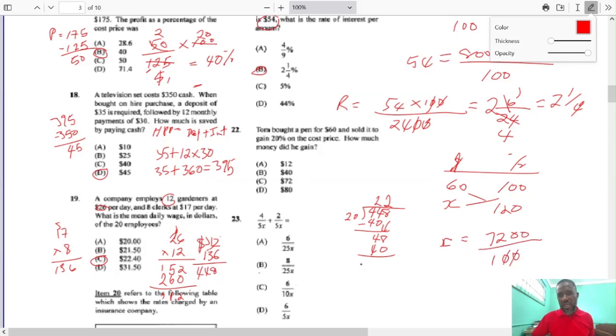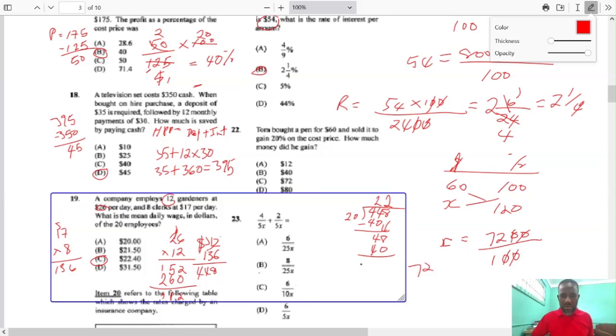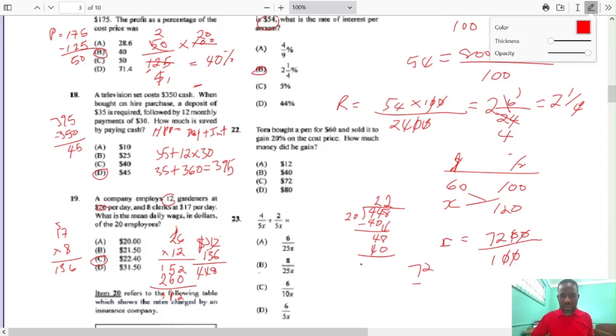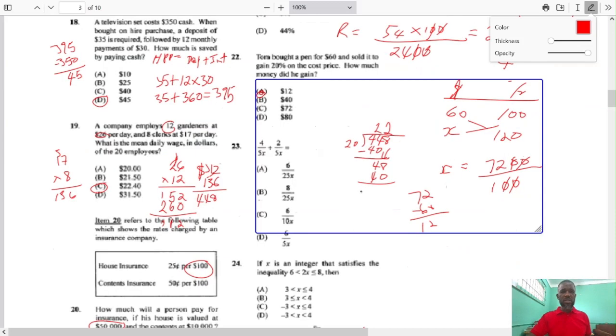So we know that he sold it for $72. But the question asks how much money did he gain. So therefore we're going to say 72 minus 60, and that will give us 12. So the answer for that is 12. Okay, moving on to this question.